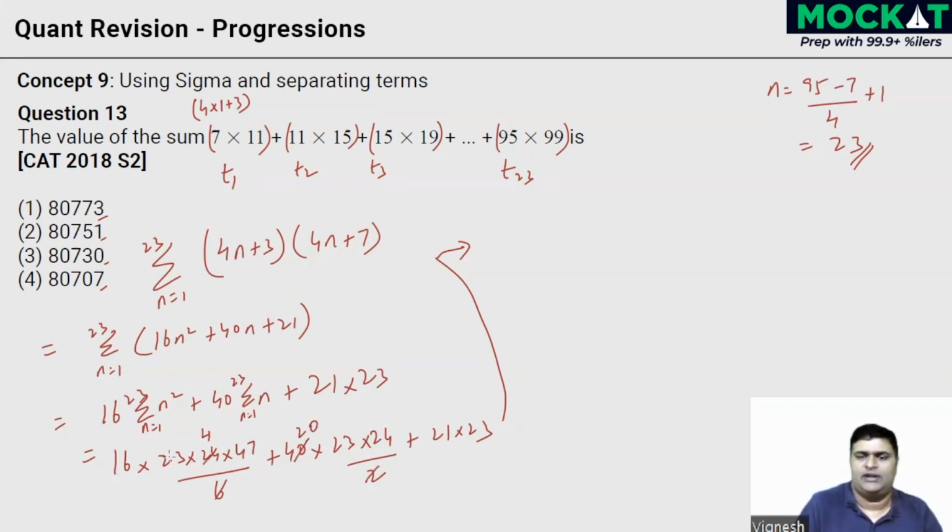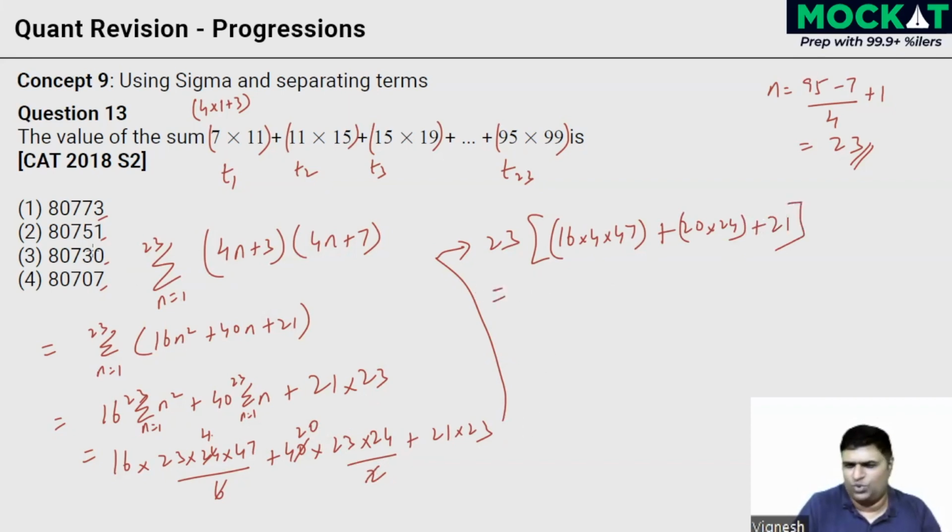And if I take a 23 common everywhere, I'm left with 16 into 4 into 47, 23 is out, so 20 into 24, plus a 21 over here.